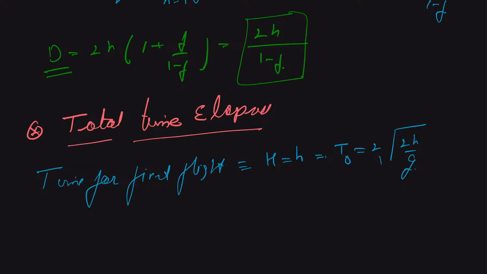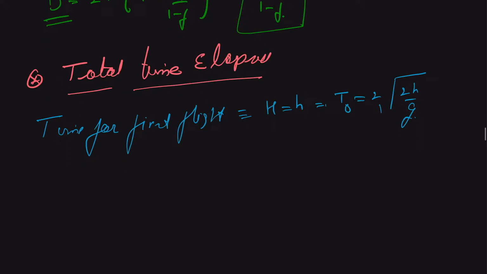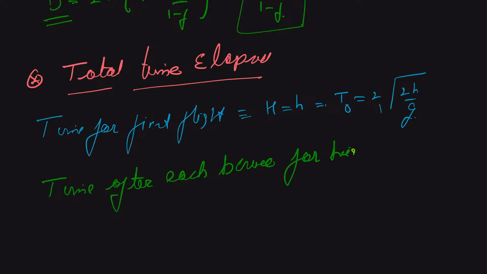Okay. And for each successive bounce, the time after each bounce, for height, we have already generalized the formula of the height, that is f raised to power n times h.